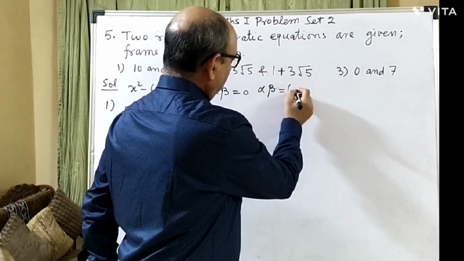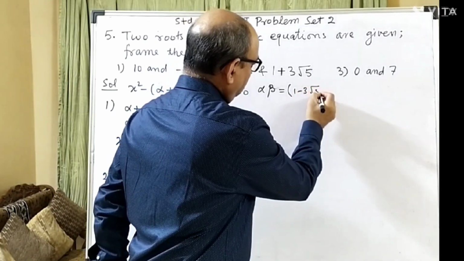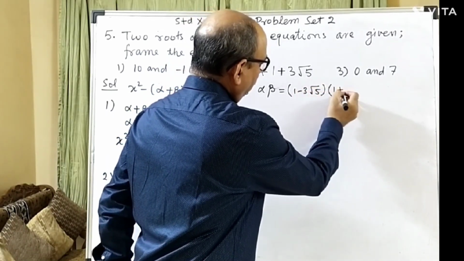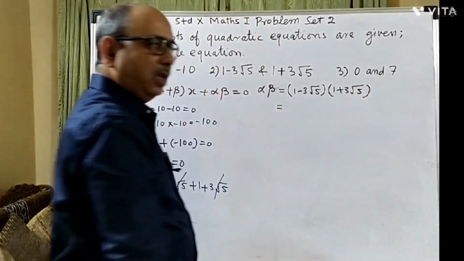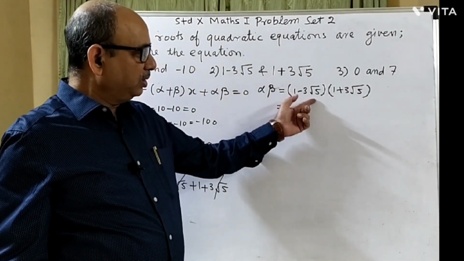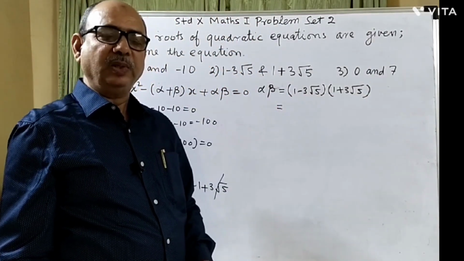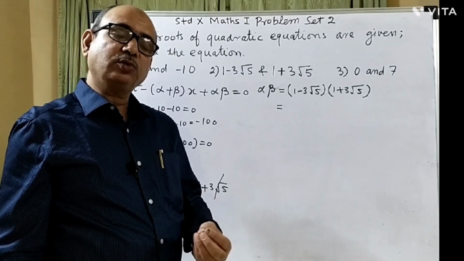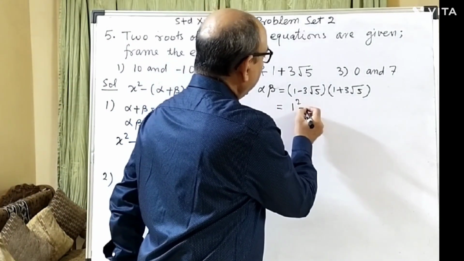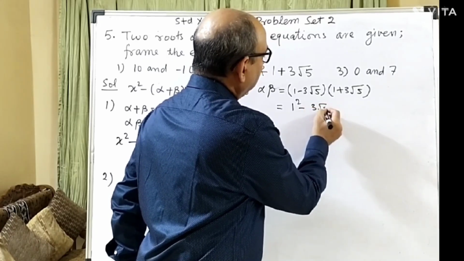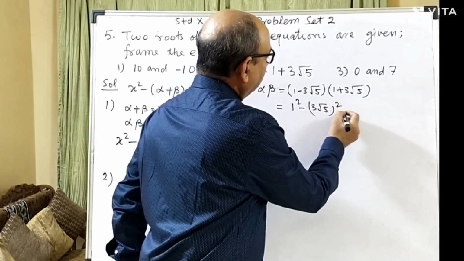Alpha beta is equal to 1 minus 3 root 5 into 1 plus 3 root 5. This is in the form a minus b multiplied by a plus b, and that is equal to a square minus b square. 1 square minus 3 root 5 whole square.